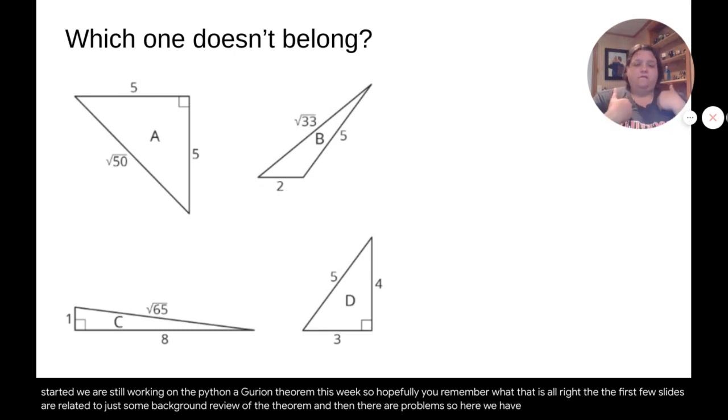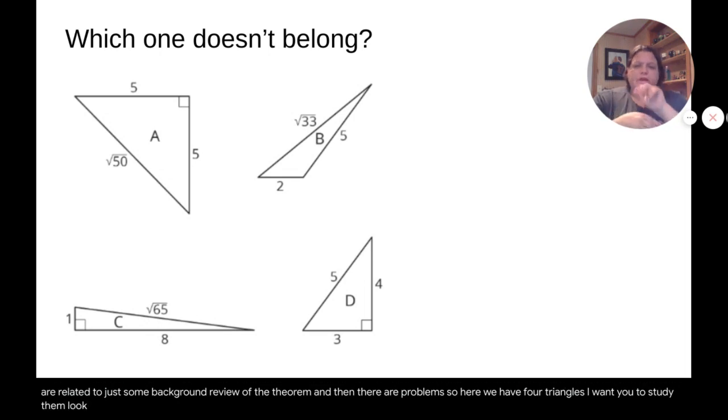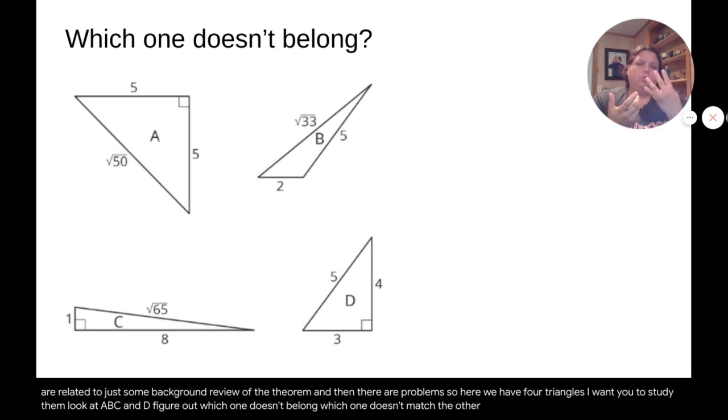So here we have 4 triangles, and I want you to study them, look at A, B, C, and D, and figure out which one doesn't belong, which one doesn't match the other 3, and explain it.